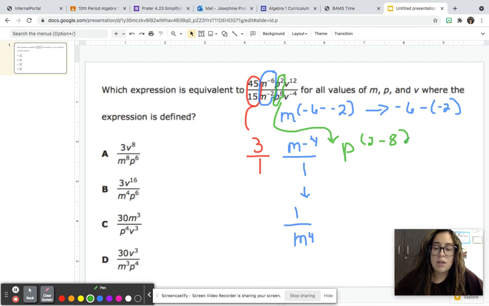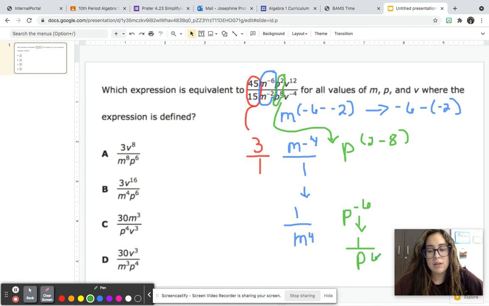If I can't do that, I can always put it in my calculator. 2 minus 8 is equivalent to negative 6. P raised to the negative 6. But we can have negatives as exponents, so I need to flip this around: 1 over p raised to the 6.